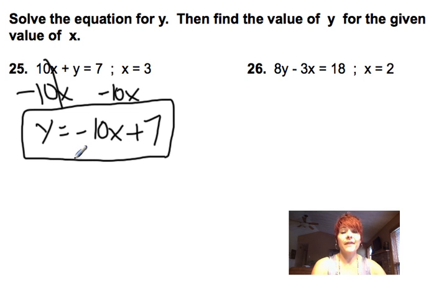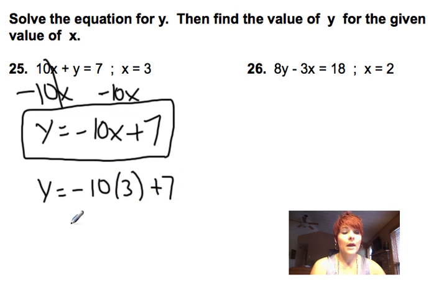Now we're supposed to find the value of y for the given value of x. So using the equation that we just got, I'm going to now plug 3 in for x. So I'm going to have y equals negative 10 times 3 plus 7. And when I go ahead and solve this, negative 10 times 3 is negative 30.